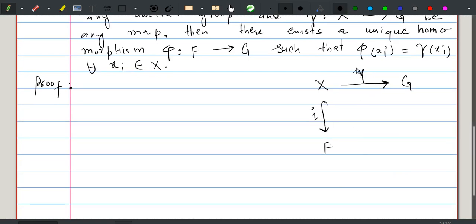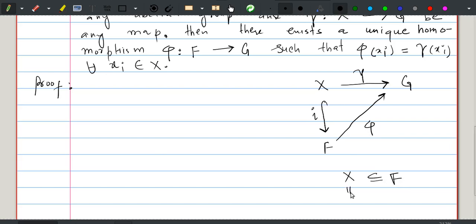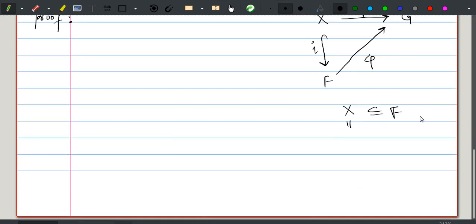So we can lift this gamma to this homomorphism, and we have to prove this homomorphism is unique. So this is our diagram. Now this inclusion map is, since X is given to be a subset of F, so this is our F and this is our X. Now this X contains the elements x1, x2 through xn, so this is our X.